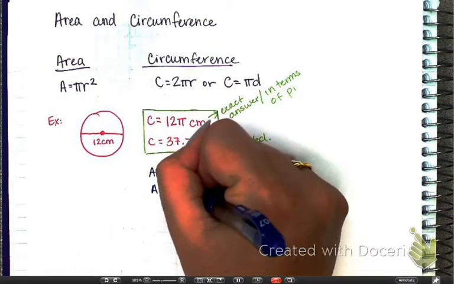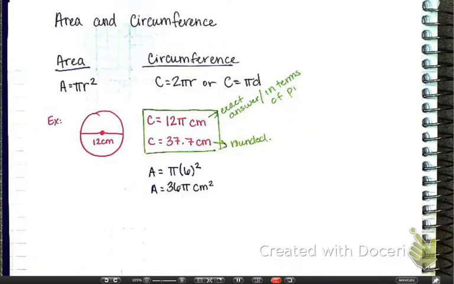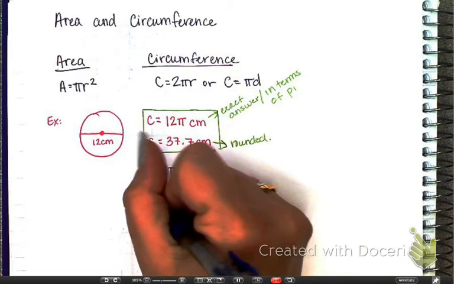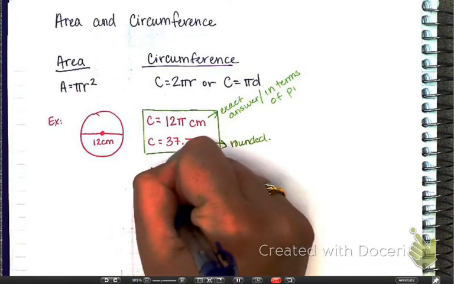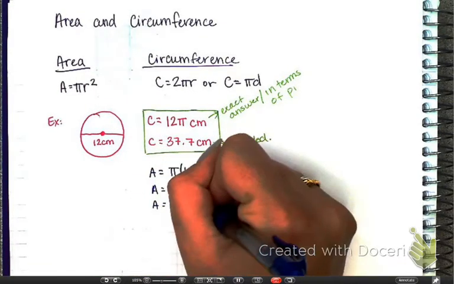Centimeters squared, because we're talking about area. And then in your calculator, 36 times pi to the nearest tenth: 113.1 centimeters squared.